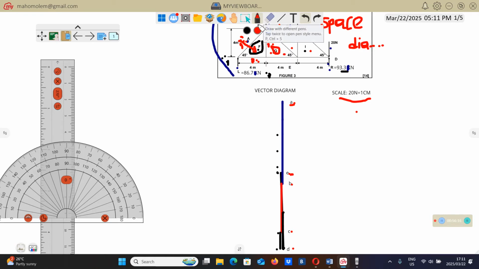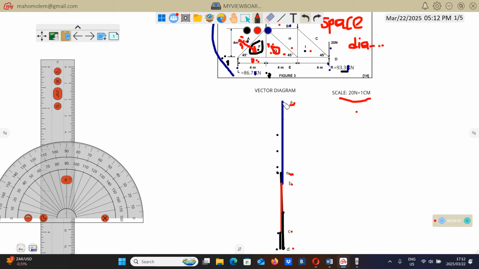So we're going to draw a line from A moving at an angle of 45, parallel to this line. So from A to F, we have a line at an angle of 45.